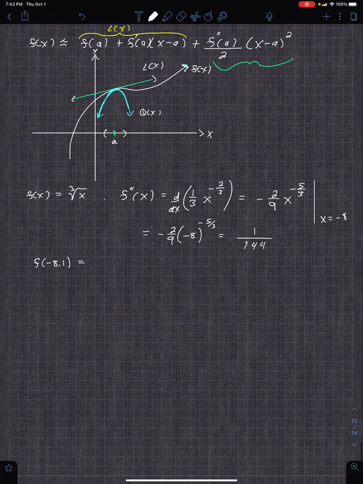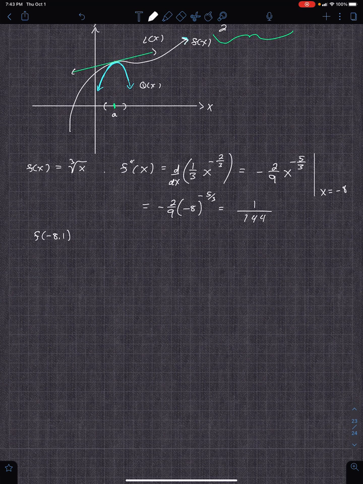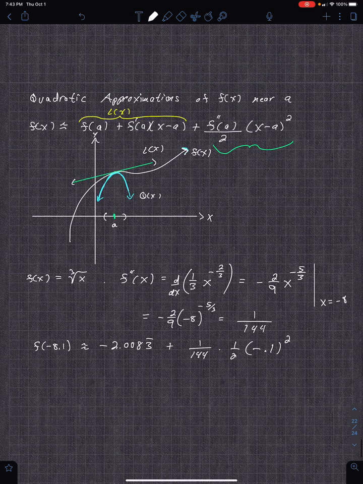So this is approximately -2.0083 repeating, and then plus 1/144 times a half, and then -0.1 squared. That's the rest of this, right? I just did that. There's your 2.